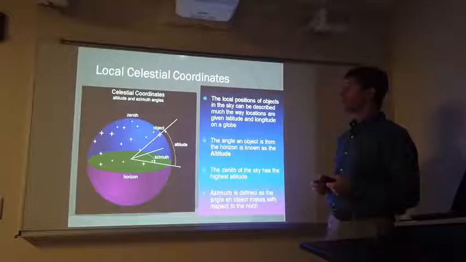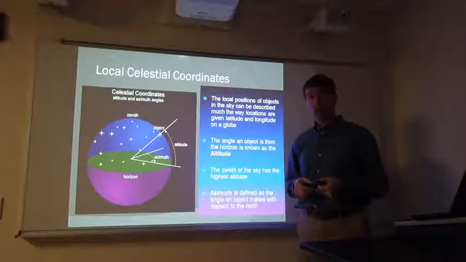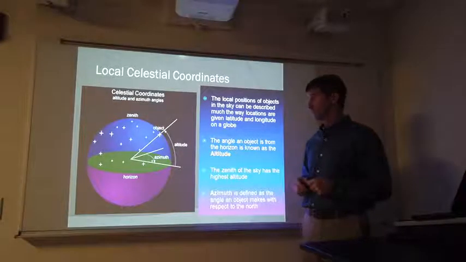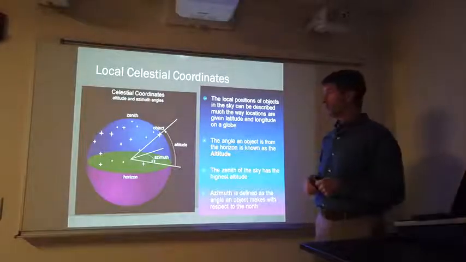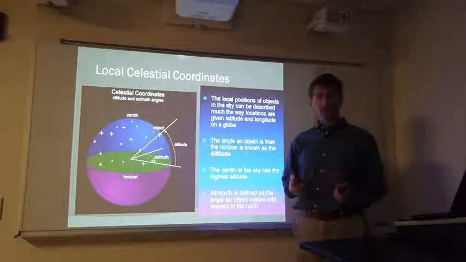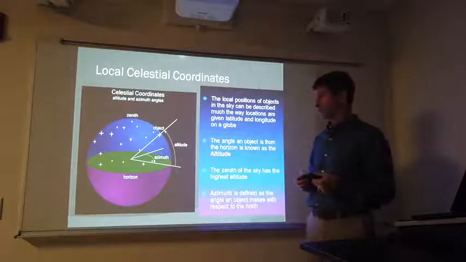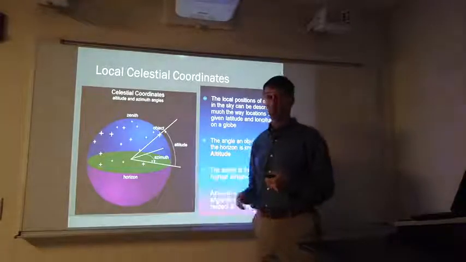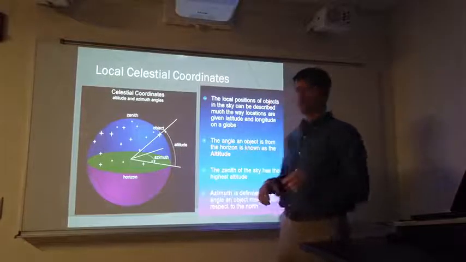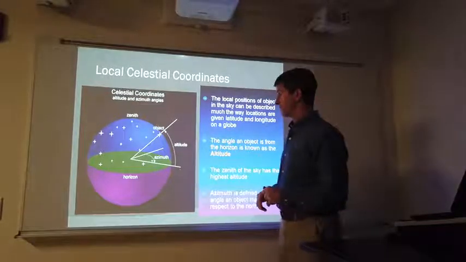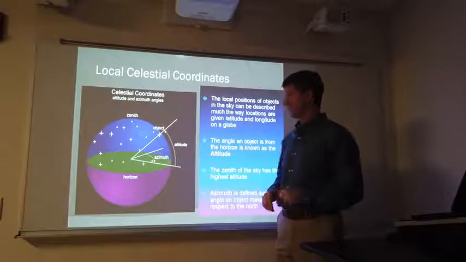Now, celestial coordinates allow us to describe the position on this imaginary sphere. We can use something called altitude and azimuth to represent where an object is in the nighttime sky. Altitude is the angle between a horizon, if the horizon is represented by no topography.